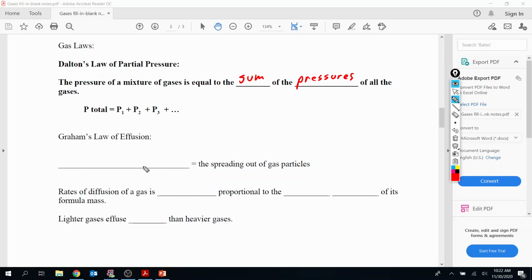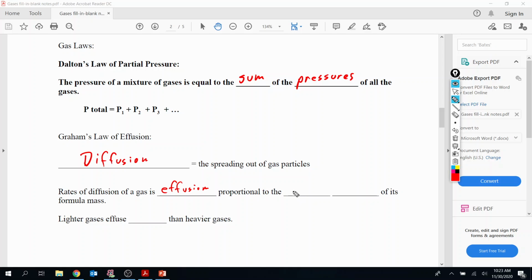Graham's law of effusion. Diffusion is the spreading out of particles. And the rate of diffusion of gas is effusion. Again, typically, I just want you to write over to the side, typically through a small opening.